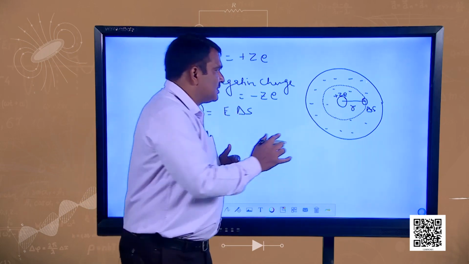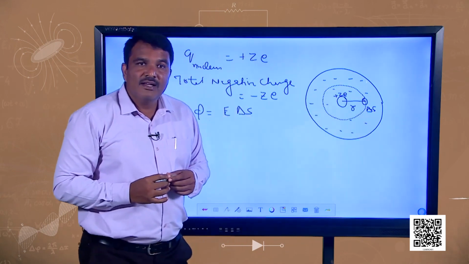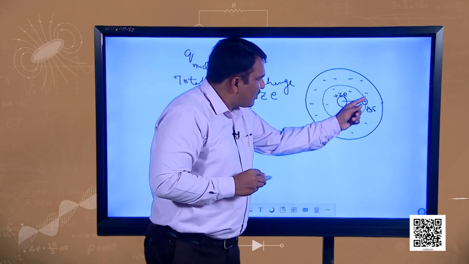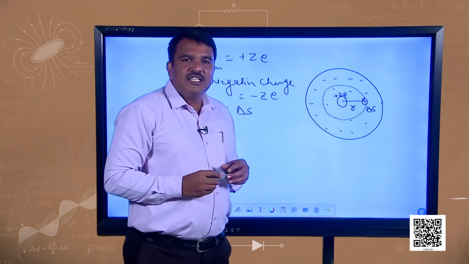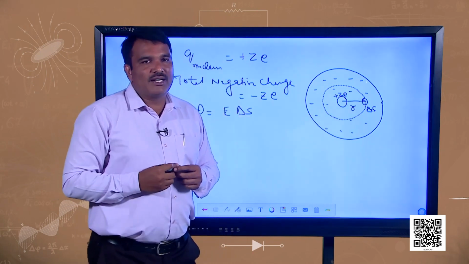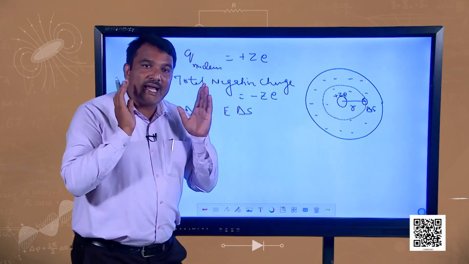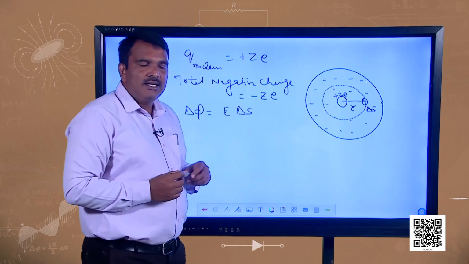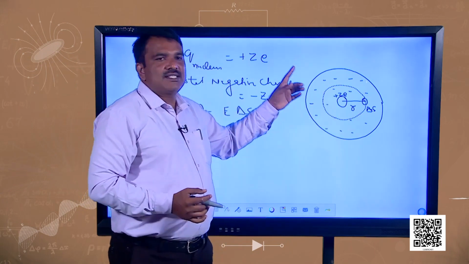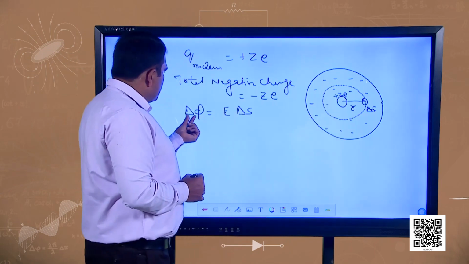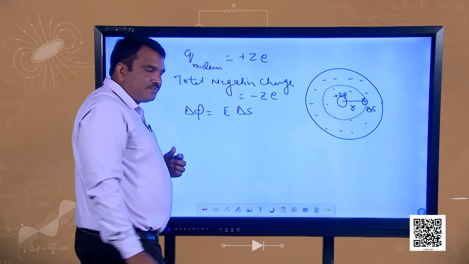Hence the net charge which is present inside this Gaussian surface is positive, and if the charge inside the Gaussian surface is positive, so the electric field due to this charge at this point P should be radially outward, and the direction of the normal is also outward. So the angle between electric field and normal at all the points on this Gaussian surface is 0. So small flux passing through this small area element is E delta s.